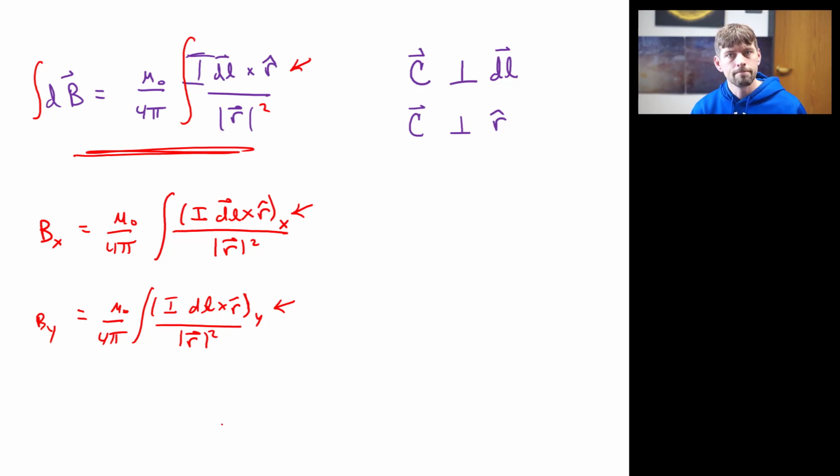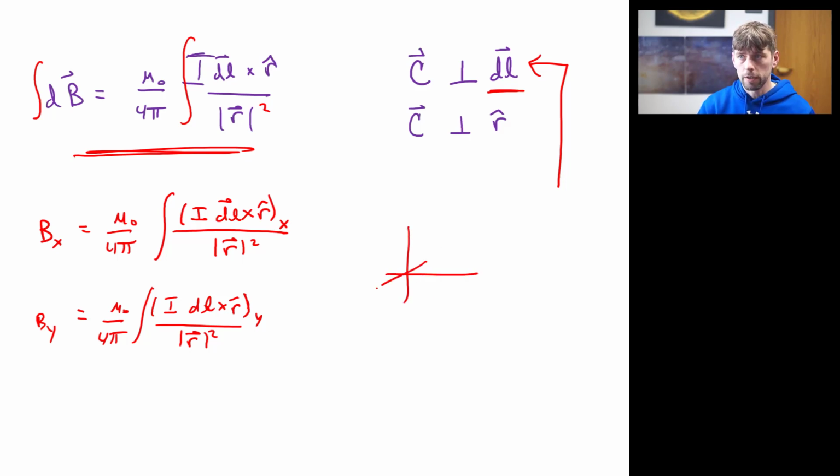I will make a couple of extra notes here. One of them I realized that I just mentioned. It's very odd to have dl here. What we mean by dl is the direction that the current is running in the wire. So you can imagine for a second, if I get a coordinate system, I'll call it x, I'll call this y, and I'll call this z.